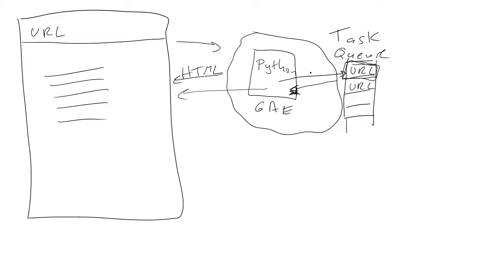Now that Python program, since it's running in the background, it doesn't make any sense for it to generate HTML. So it can't display anything to the user, but it can execute any Google App Engine code that you'd like, any kind of code that you'd have written before. So it can do some computation, it can read from a database, it can write to a database.